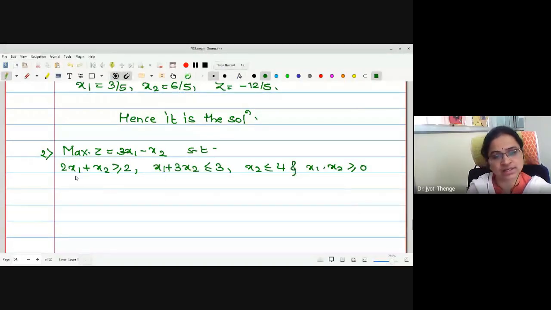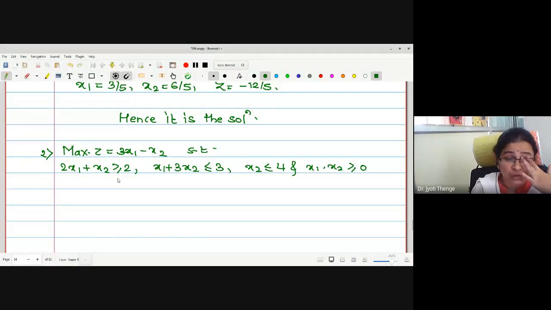If you look at this example, there are 3 inequalities in all, where 2 are of less-than-or-equal type and 1 is of greater-than-or-equal type. Therefore, how many types of variables do we require? 1 surplus, 2 slack, and students, are you there or not?